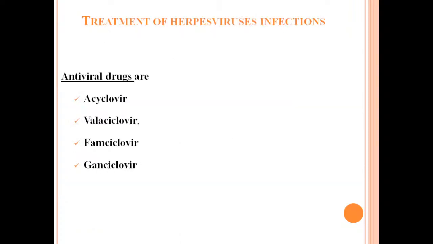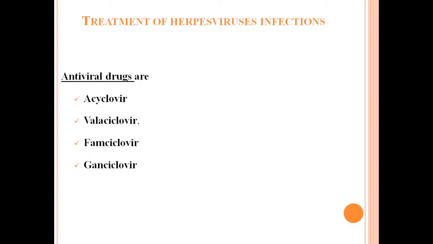What about treatment? There are specific antiviral drugs that are used for inhibition of replication of herpes viruses. They include acyclovir, valacyclovir, famciclovir, and ganciclovir. They inhibit replication of viruses.